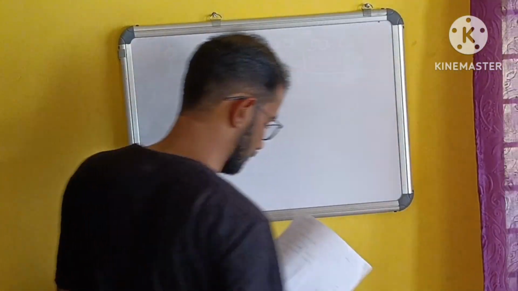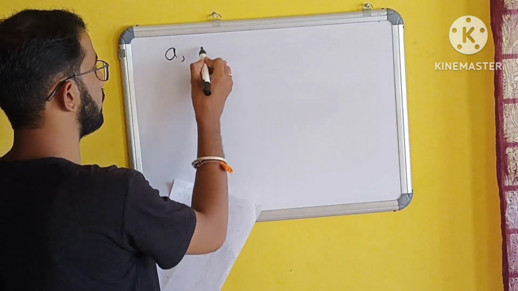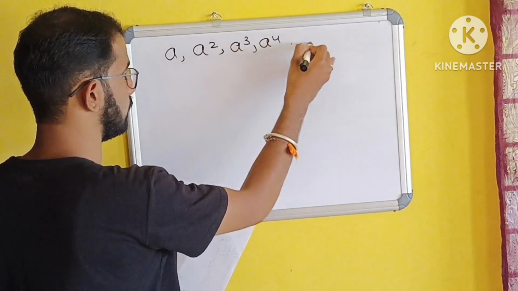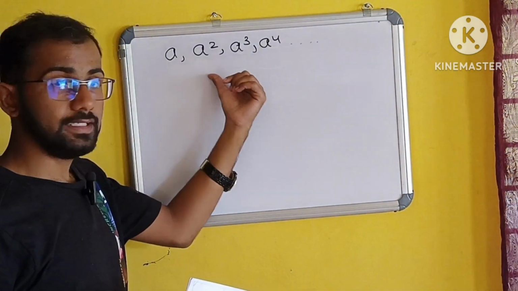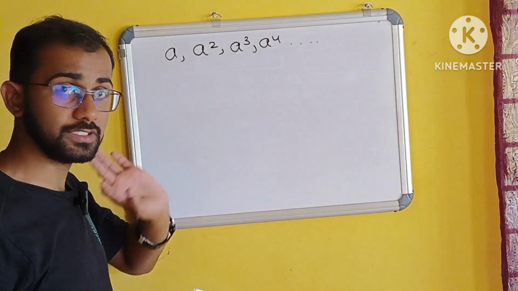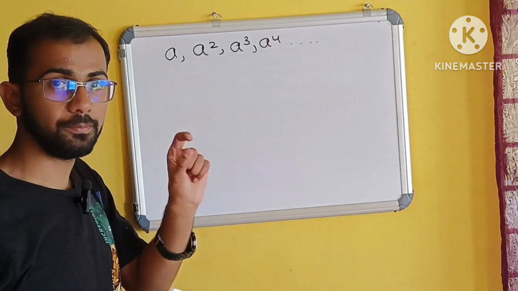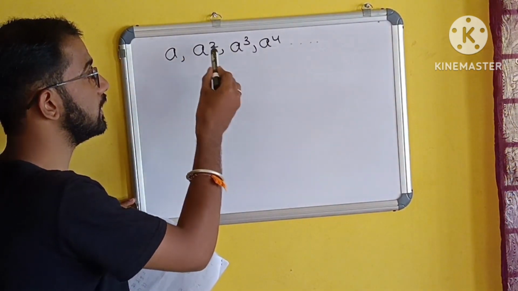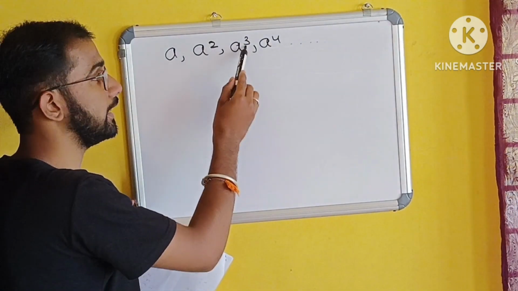A square, A cube, A to the power 4. So see here, this type of question is not an arithmetic progression. That must not be an arithmetic progression. Why? I will give you a simple example. If in a question the terms are raised to some power, A square, A cube, A to the power 4, that should not be an arithmetic progression.